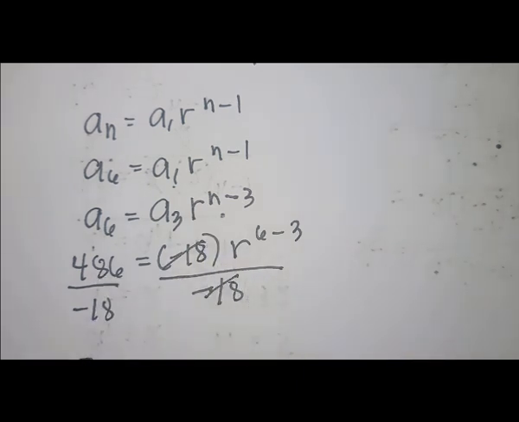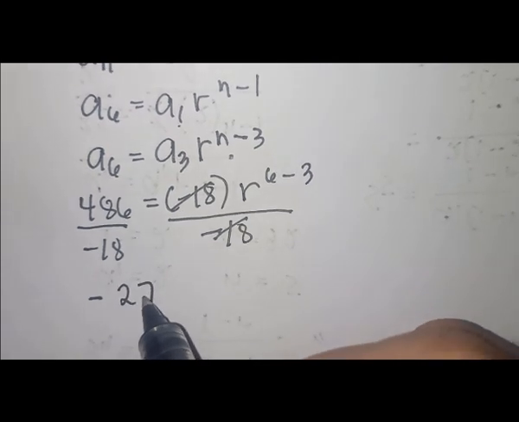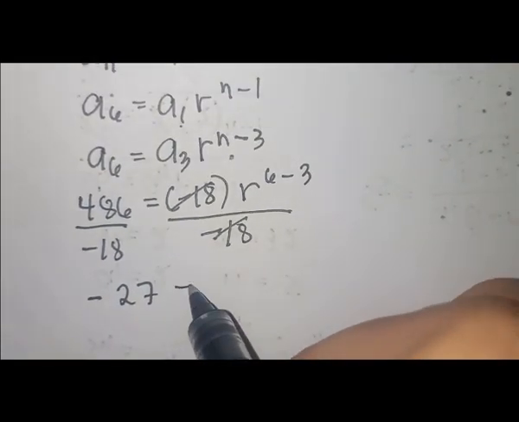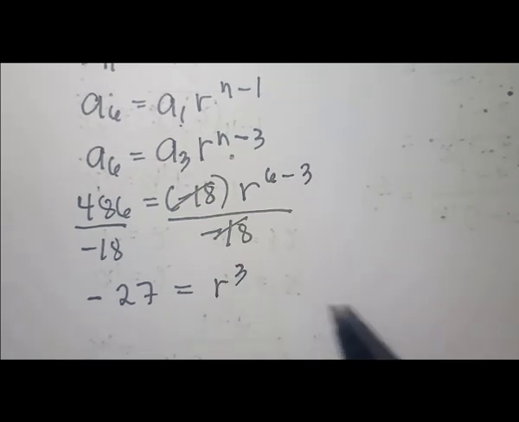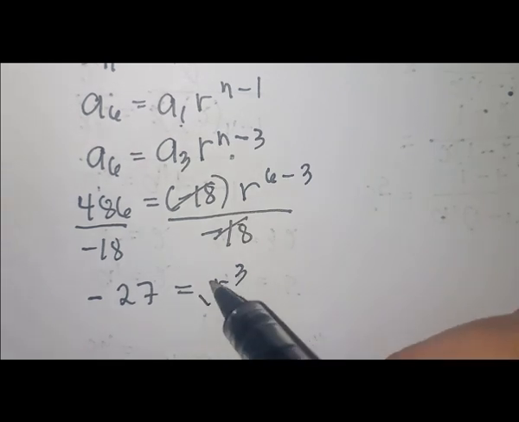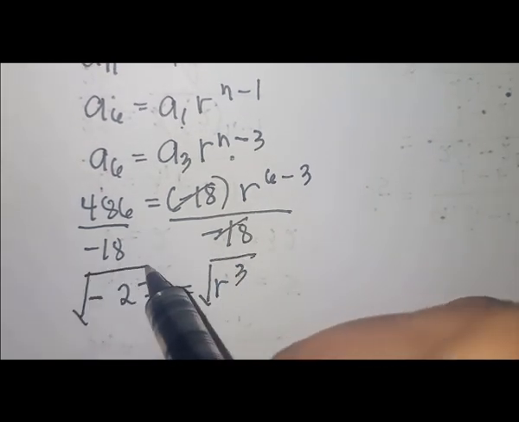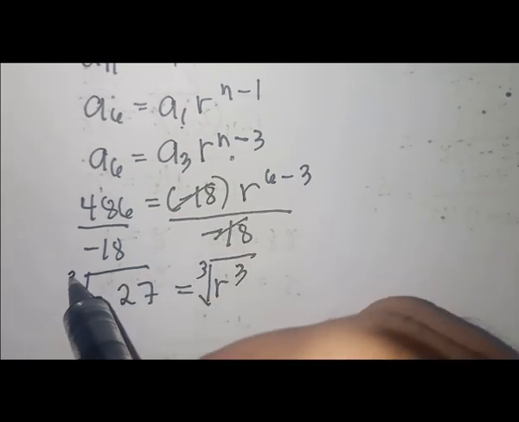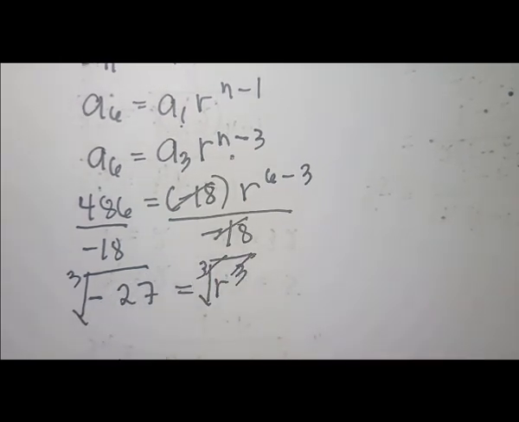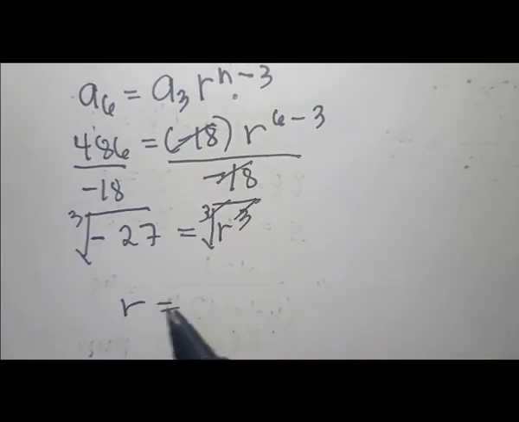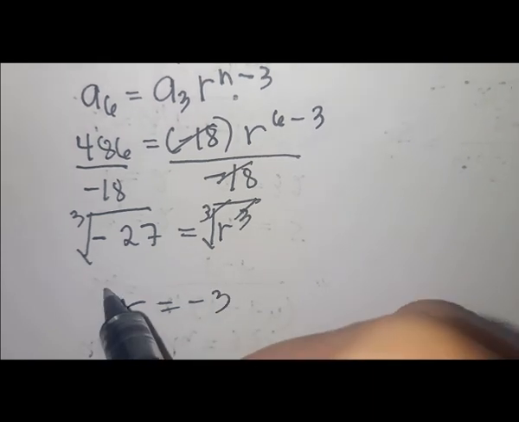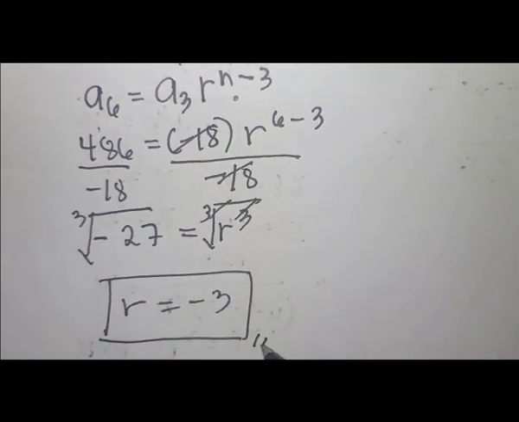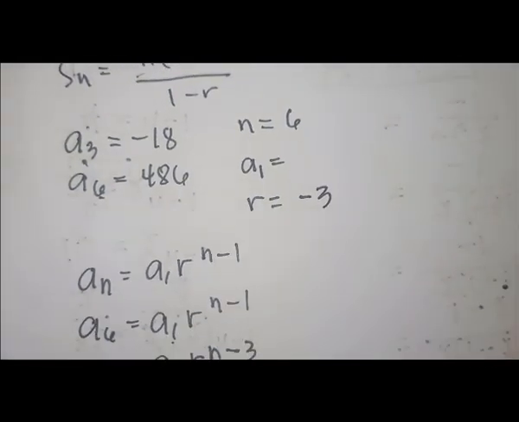Magkakaroon tayo ng negative 27 equals, so 6 minus 3, we have r cube. Then, kunin natin cube root both sides. Cube root ng r cube will become r. Cube root ng negative 27 ay negative 3. So, meron tayo ngayong value ng r, which is negative 3.